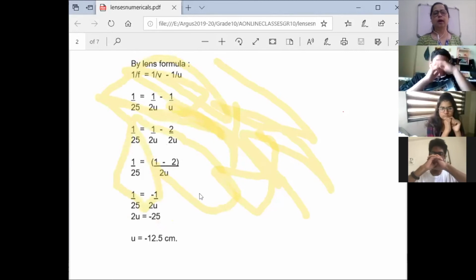So 1 upon 25 is equal to 1 upon 2u minus 2 upon 2u. Why this? Because now the LCM is 2. This is 1 upon u and this is 1 upon u, but this is half. So LCM is 2, so I multiply this one by 2: minus 2 upon 2u. Now the denominator 2u is common. So 1 upon 25 equal to 1 minus 2 upon 2u. Then do cross multiplication.